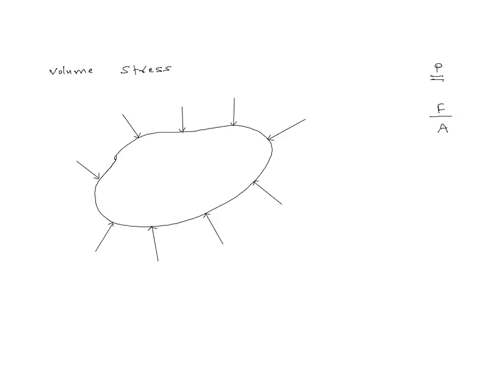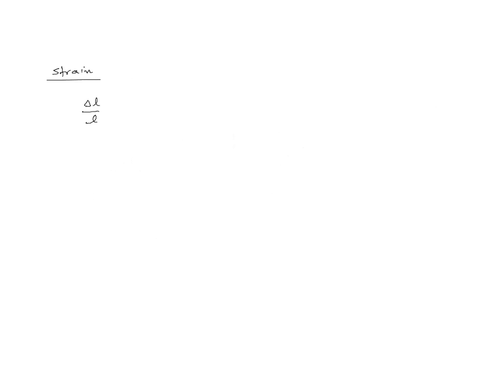Suppose, for example, there is a balloon, or let me say some sponge object which is inside some system which has high pressure from outside. Now you release the pressure from outside, so it expands. So volume strain is delta V by V, change in volume by volume.